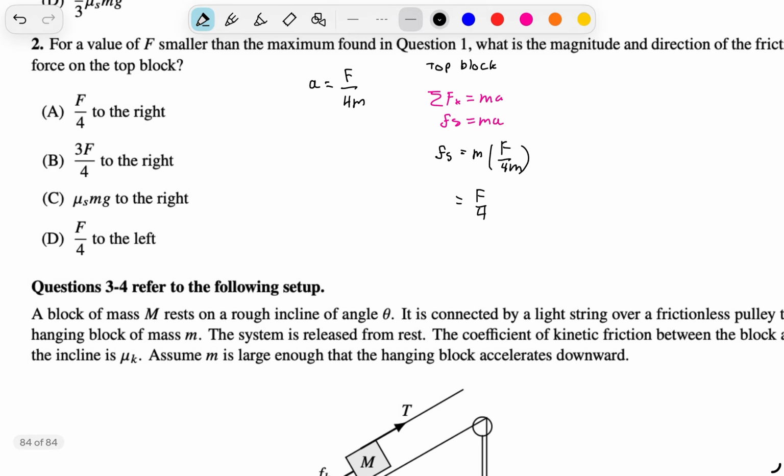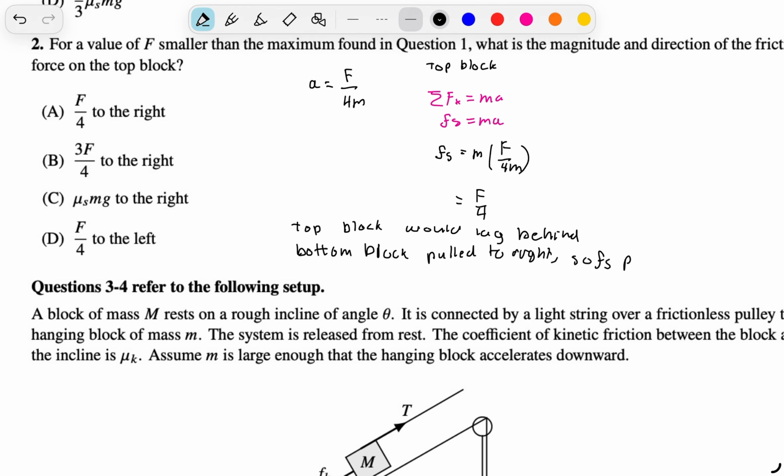So we know that the top block, if F was smaller than the maximum, would lag behind, and our bottom block would be pulled to the right. So that means that your static friction would pull your block that is on the top to the right.